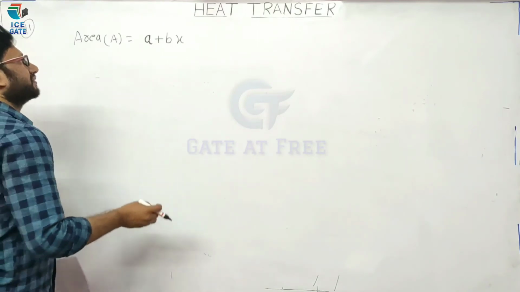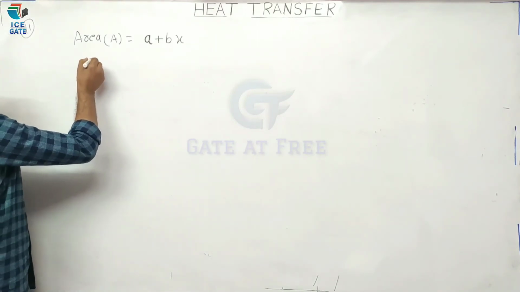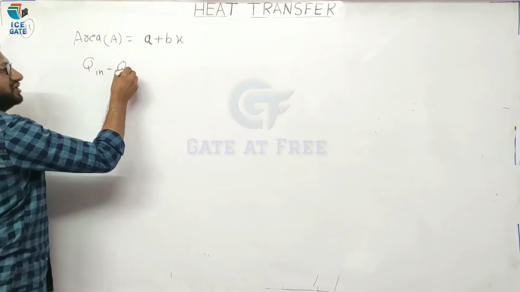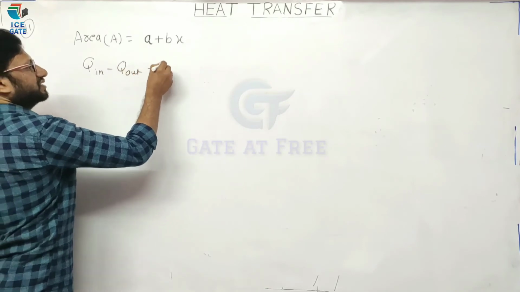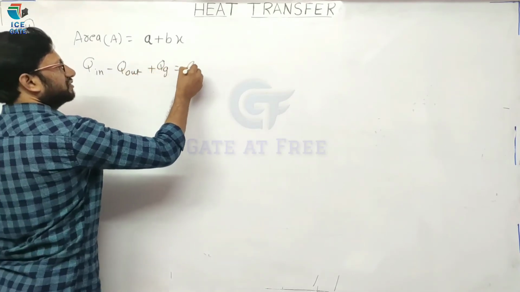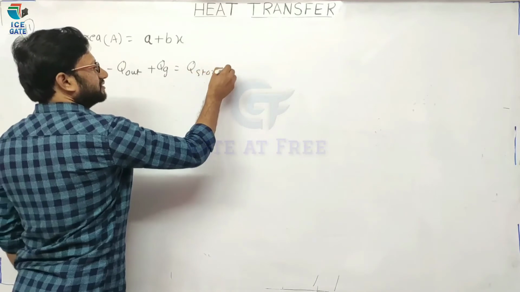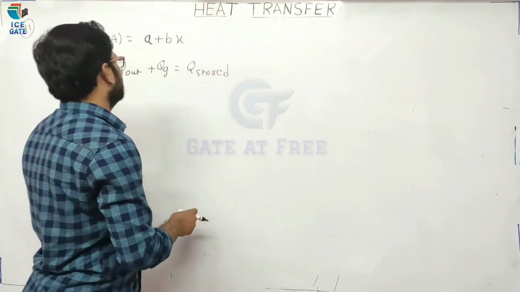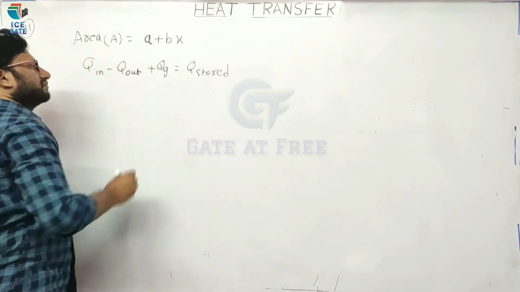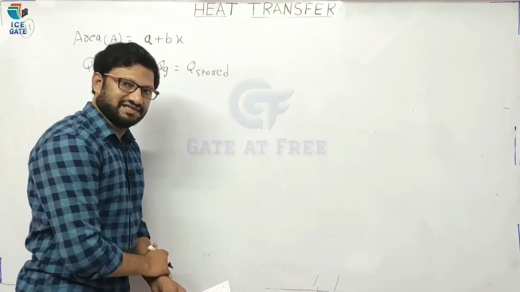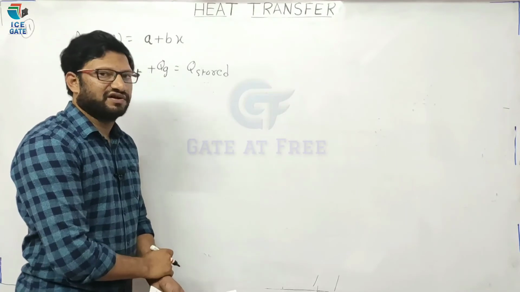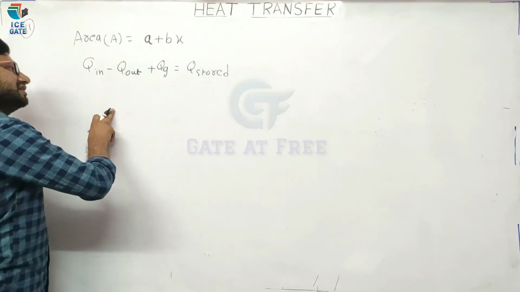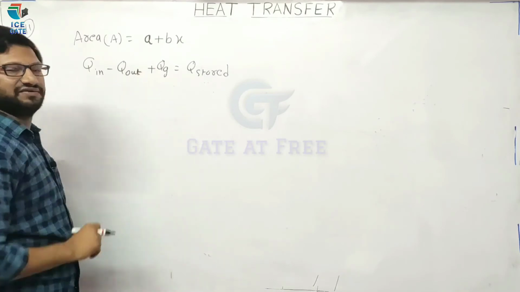We know the energy balance equation: Q in minus Q out plus Qg is equal to Q stored. As we have seen in the first or second class, while deriving the differential equation of conduction, we take the energy balance equation.